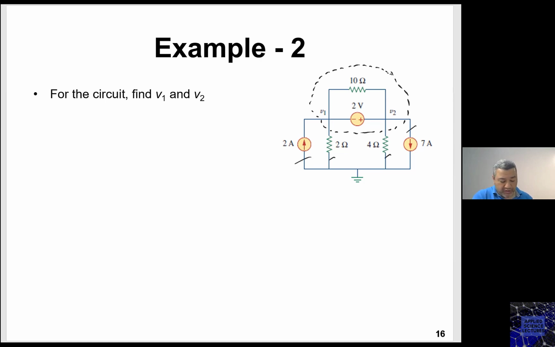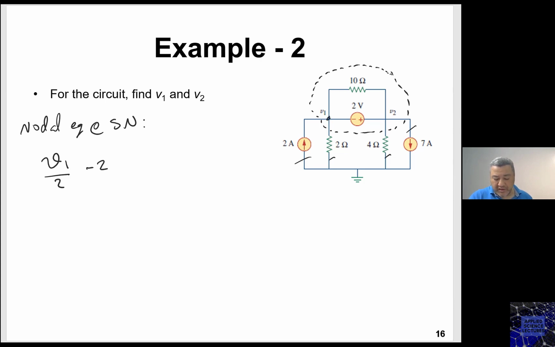So the nodal equation at the supernode would be again V1 over 2. I did not write V1 minus 0 because now we know it's a reference. It's V1 over 2 right away. Then I have the 2 ampere entering, right? And then I'm done with those two branches.